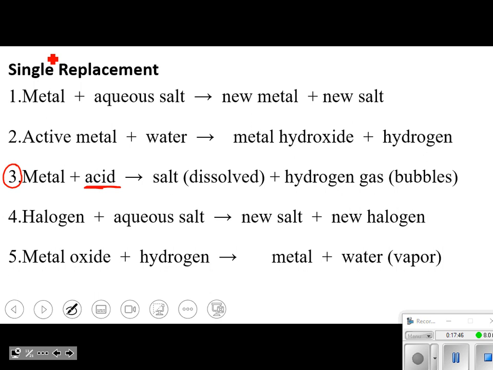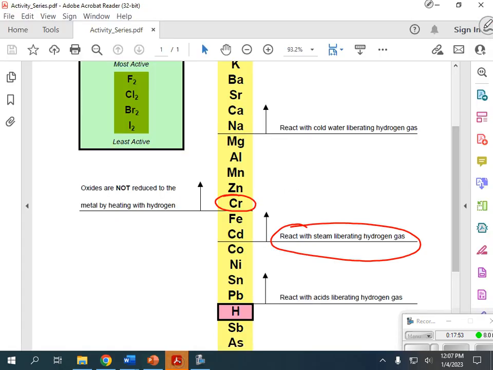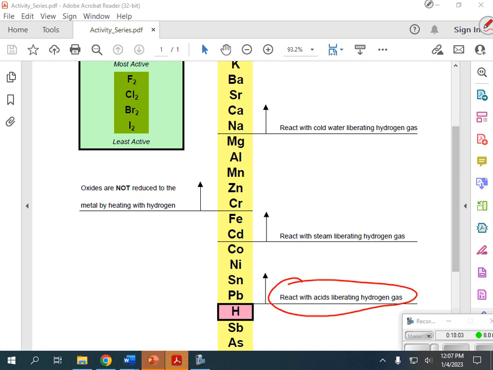Okay? Now, what I need to do is I need to come back to my activity series. And here, reacts with acid, liberating hydrogen gas.